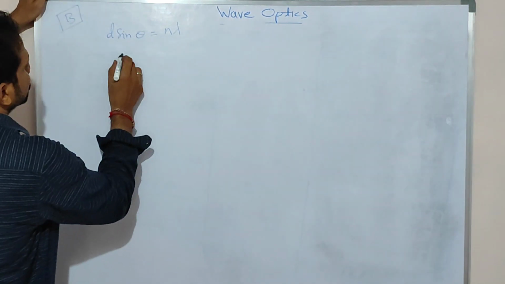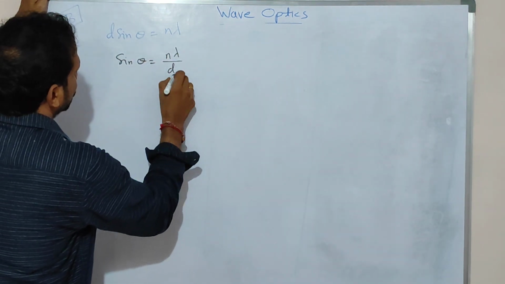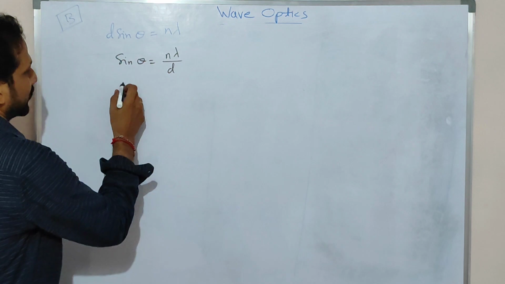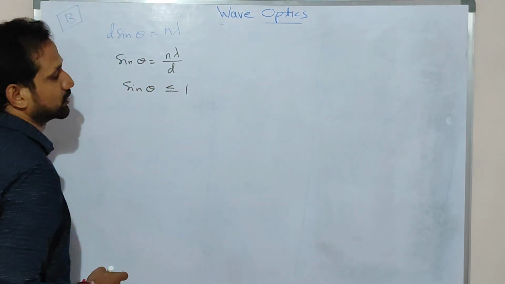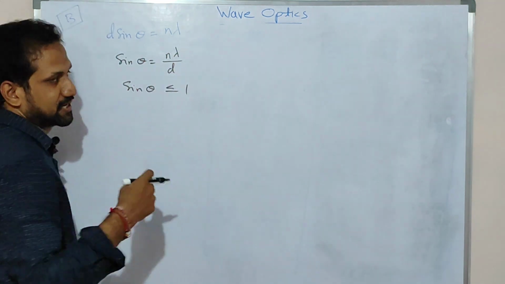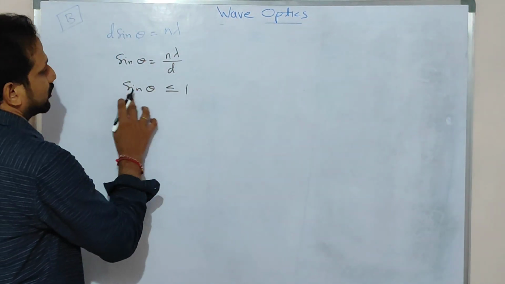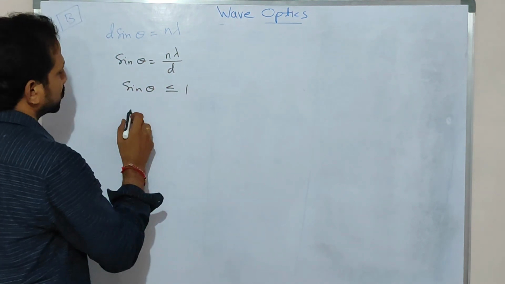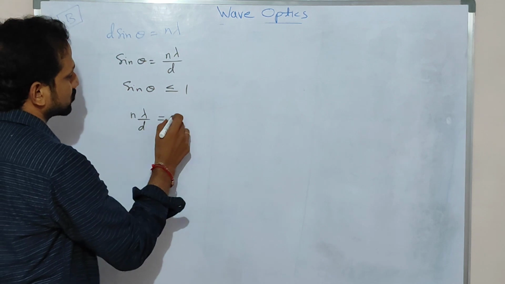So we can write sin theta equals n lambda by small d, right? But mathematically we know sin theta is less than or equal to 1. If theta is maximum, that is 90 degrees, then sin theta equals 1. So for the maximum value of sin theta, n into lambda by d equals 1.